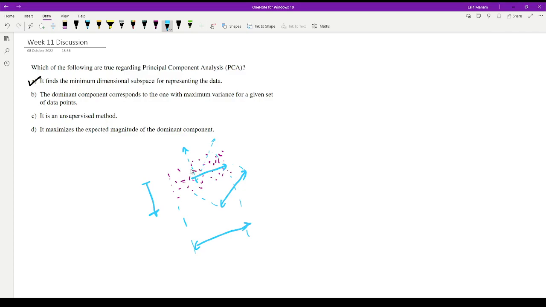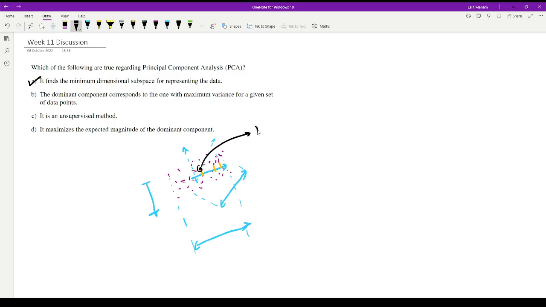So what do we mean by taking a direction and continuing with it? I'm just trying to project these points onto this direction, orthogonal projection. How do you do orthogonal projection? It's pretty straightforward, right?